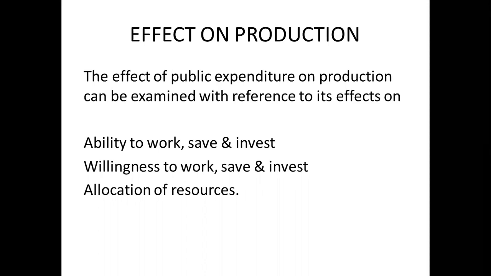The effect of public expenditure on production can be examined with reference to its effect on ability to work, save, and invest, willingness to work, save, and invest, and allocation of resources. When we are talking about production, we have to consider three things: the ability, the willingness, and the allocation of resources. Let's find out how these areas are affected.